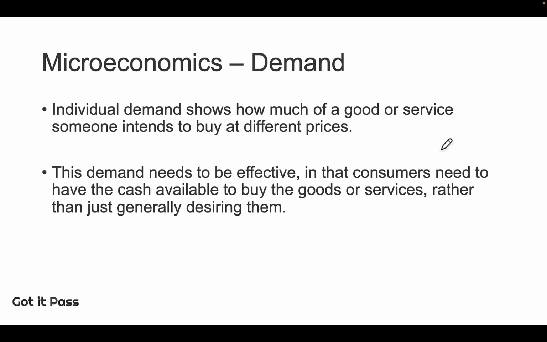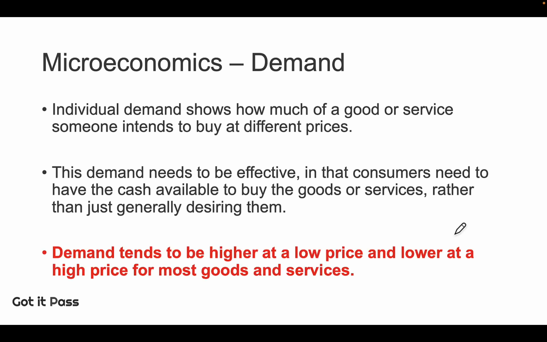Like we just mentioned about the potato chips, $5. Is $5 affordable, can consumers pay for it? If it's too expensive, say $5,000 per pack of potato chips, then it's unreasonable for the general public to buy it. So the demand is not effective in this case.